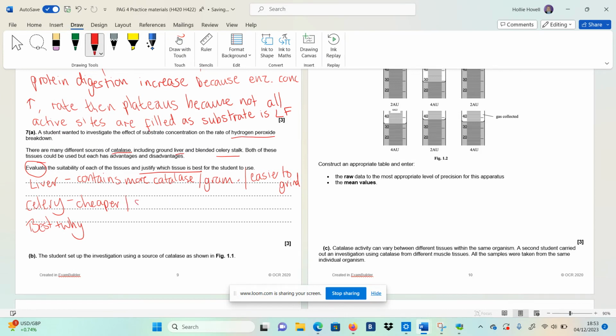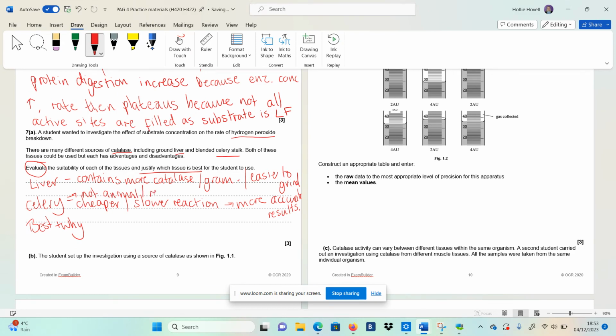It will be a slower reaction, which in turn, slower reactions can give you more accurate results because you can measure it more accurately. You could say celery's better because it's not an animal.